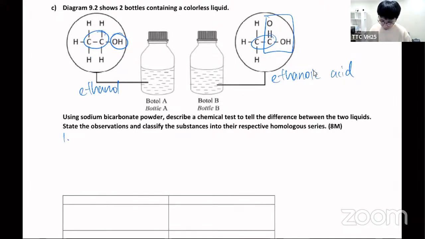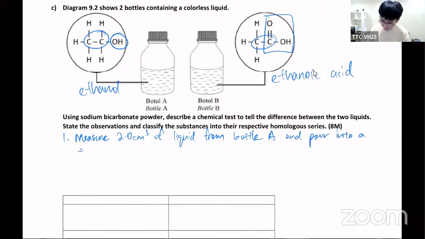Okay, so step 1, we can actually measure 2.0 cm³ of liquid from bottle A and B. We do A first now, and pour into a test tube.